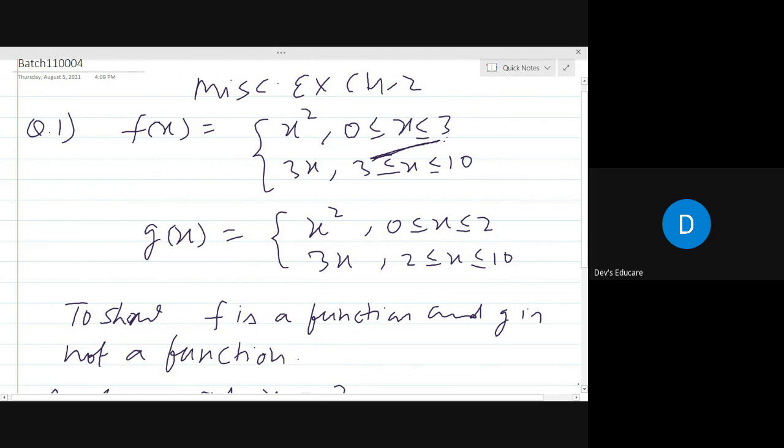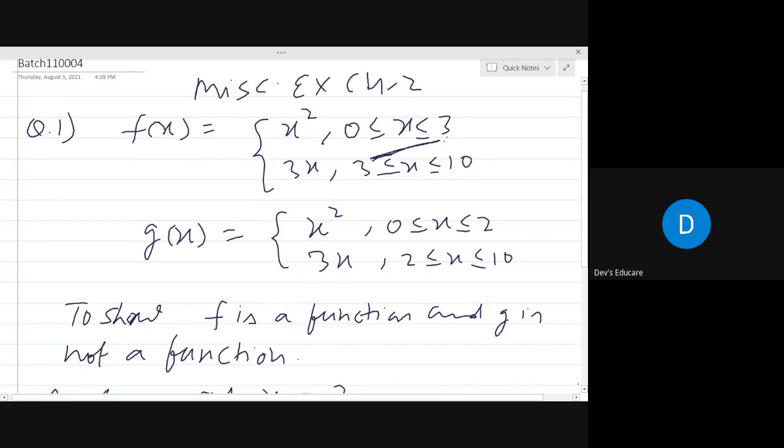Yeah, correct. We are checking the value of the function at x equals 3 only because this is the point where the value of the function can change, right? Because for less than 3 the function is x squared, and since the function changes here, this is the critical point where the value can change.